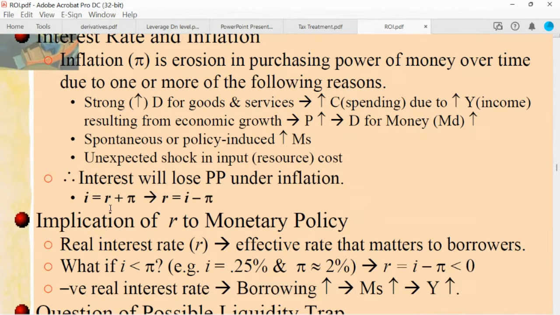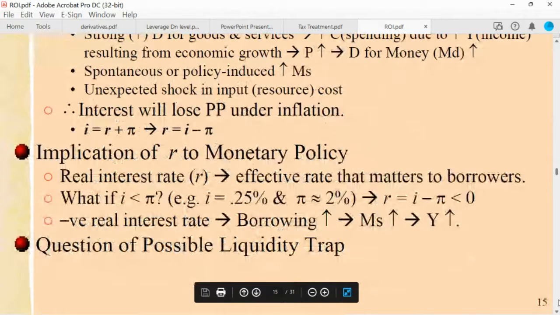The real interest rate is the real return on the money, and because of inflation, which is a kind of risk, we make an adjustment for that risk. So this inflation adjustment is sort of like a risk premium, an inflation risk premium.